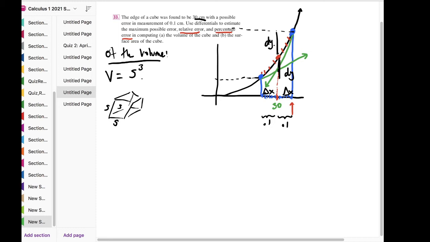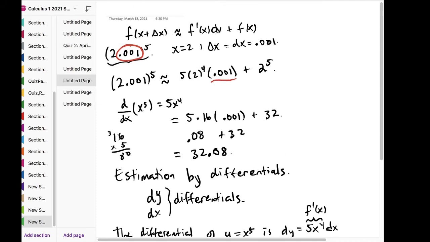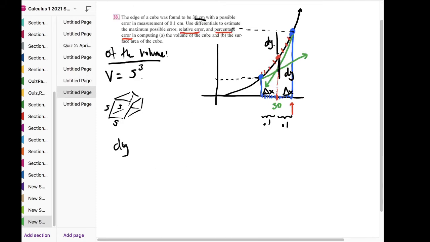Yeah, so just for dy itself, not doing f plus delta x, but just dy. This is our error in measurement, right? We're computing error.